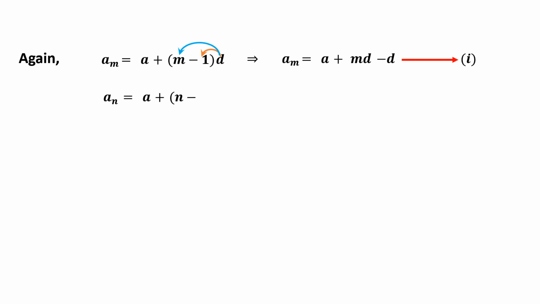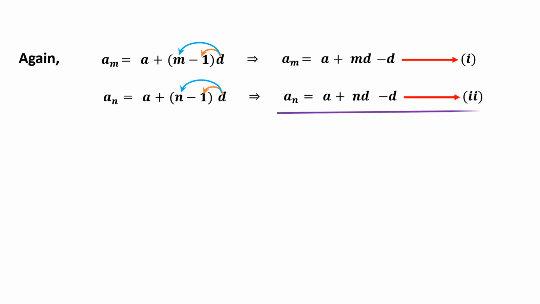An equals a plus n minus 1 into d. As before, let us open the brackets. An equals a plus nd minus d. This is equation 2. Now, subtract equation 2 from 1.